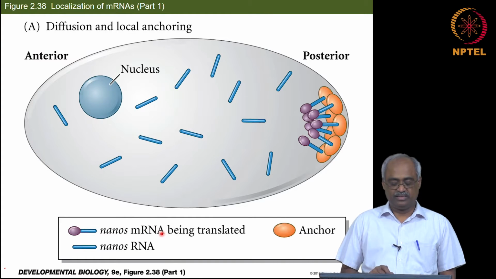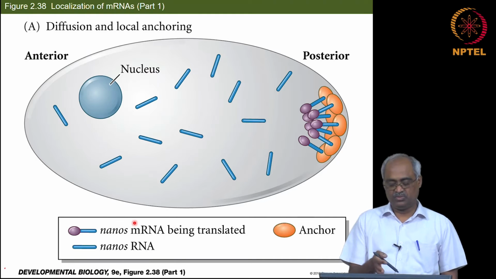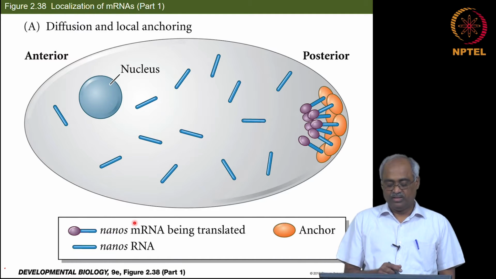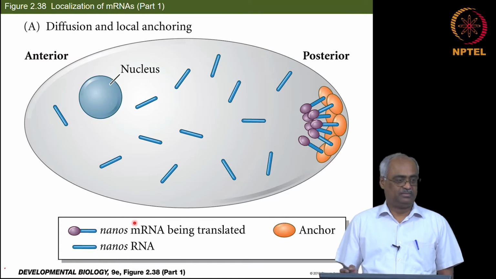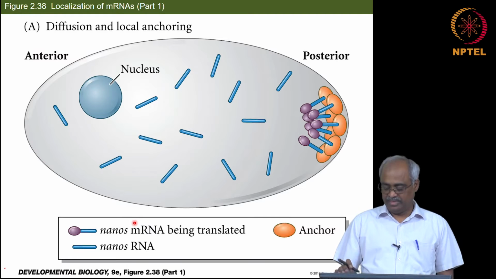So, once it is deposited in the oocyte by the nurse cells as the oocyte grows, the nanos mRNA molecules move towards the posterior primarily by diffusion, but then at the posterior they are bound by a protein complex.